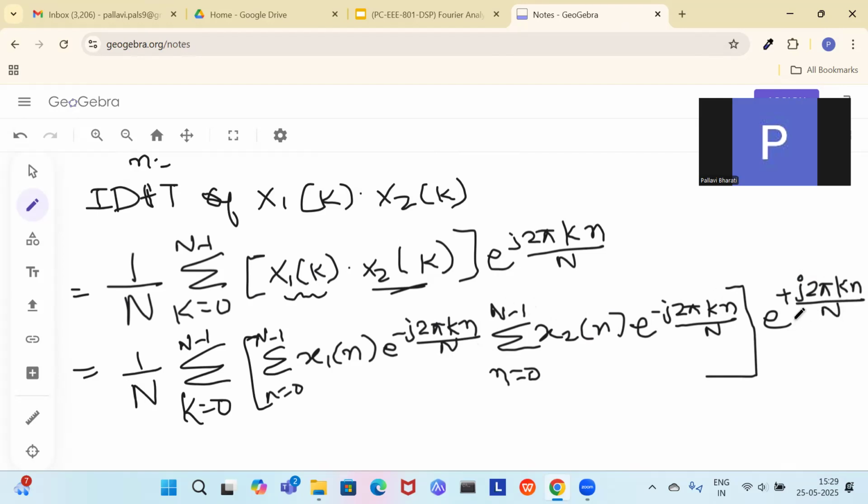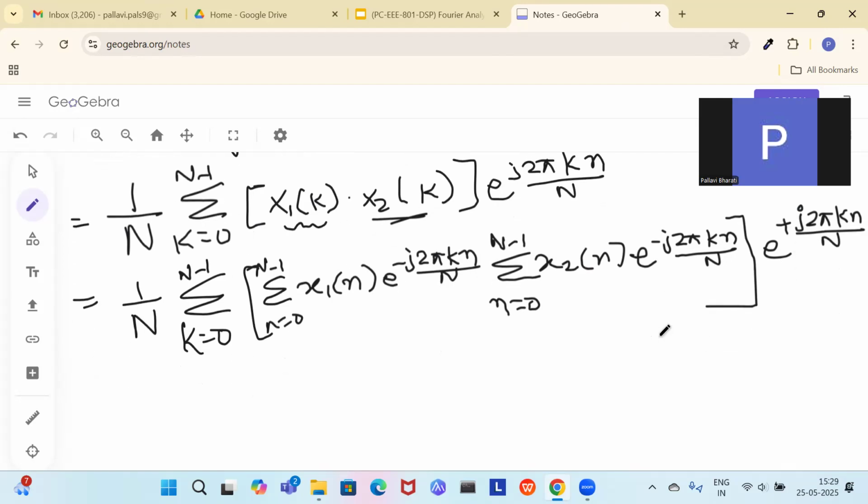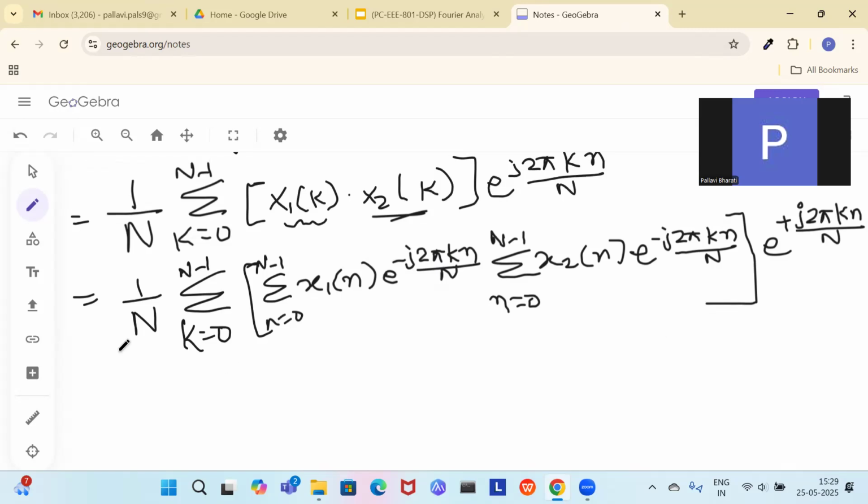Now what we need to do is change this first so that we are not confused every time, because there are so many same values and same variables. So we need to change this part. So 1 by N, k equals 0 to N minus 1, let it be as it is.